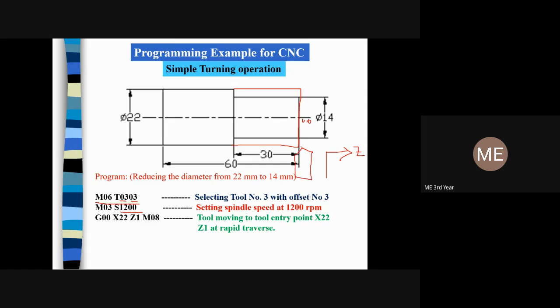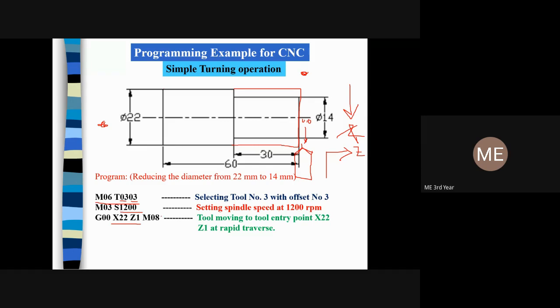This is positive Z and this is your positive X. Here I have considered my machine is here, and my motor for the turning is here, so away from the motor is positive Z. So if X22 Z1 is mentioned, that means X22 is somewhere here, and this is 1 millimeter away from the upper surface of the workpiece.